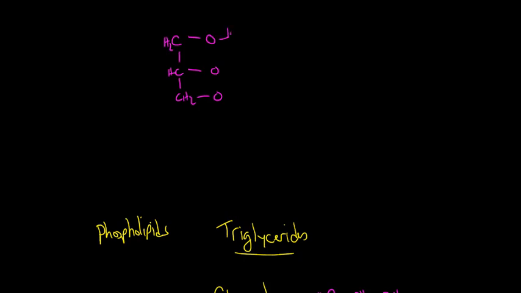We have our first carbon, which is the ester linkage, and now we have 2, 3, 4, 5, 6, 7, 8, 9, 10, 11, 12, 13, 14, 15, 16 carbons. So this is the first fatty acid condensed with our glycerol. The second one looks the same, with 16 carbons. The third one also looks the same.